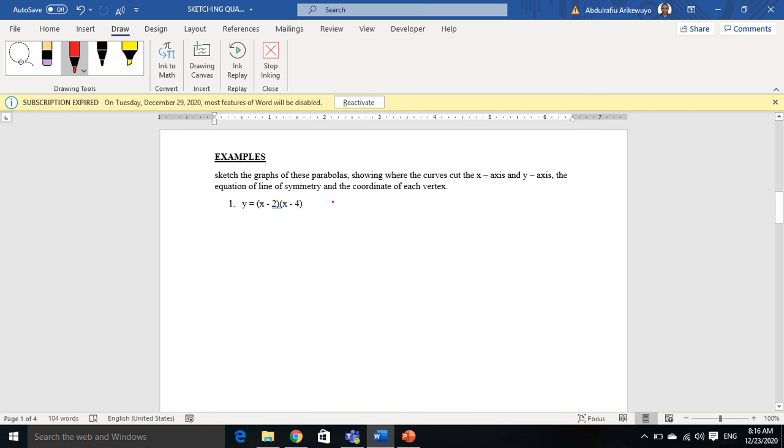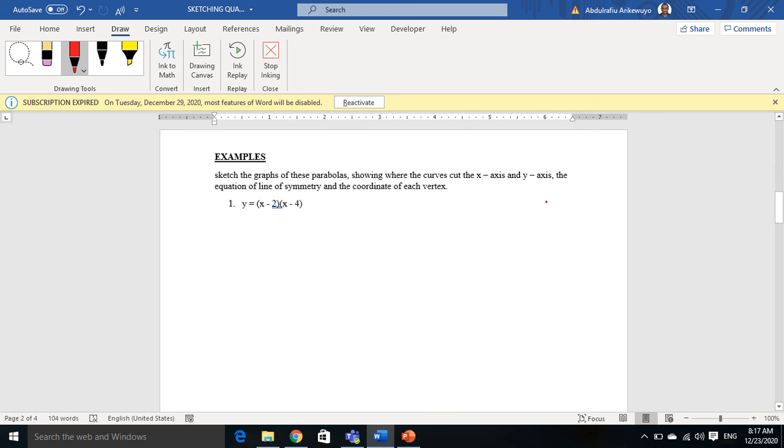Sketch the graph of these parabolas showing where the curve cuts the x-axis and y-axis and the equation of line of symmetry and the coordinate of each vertex. Okay, let us solve this simple question. How do we do this? Now, when you have a quadratic equation and you want to sketch the graph, what you do is that you can use any method to find the two roots.